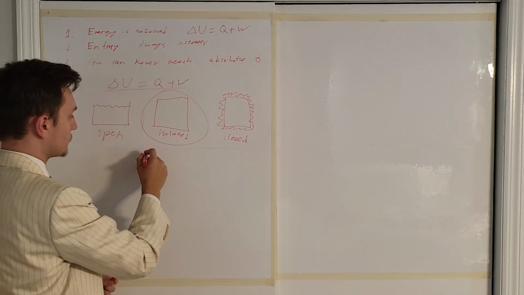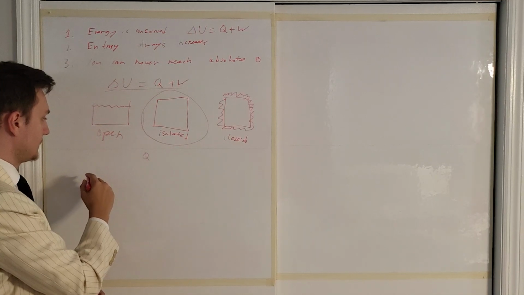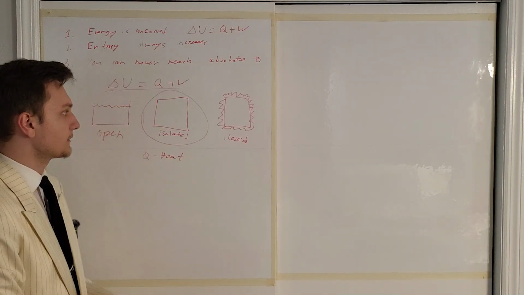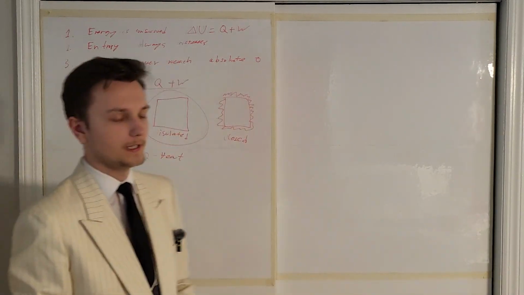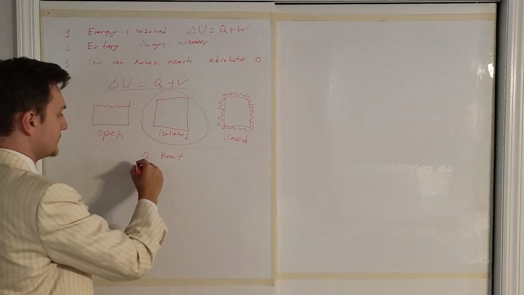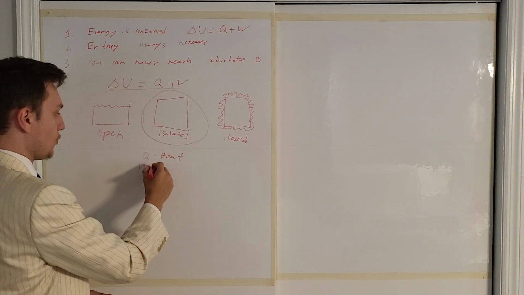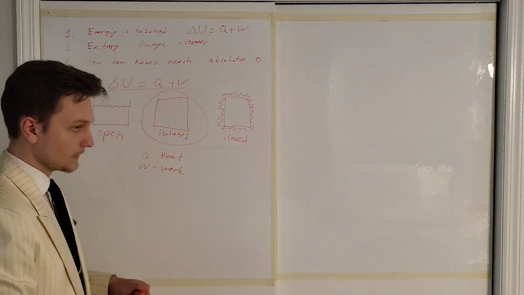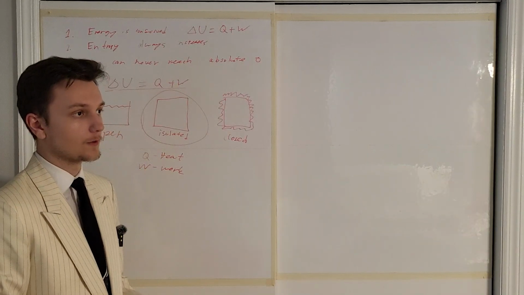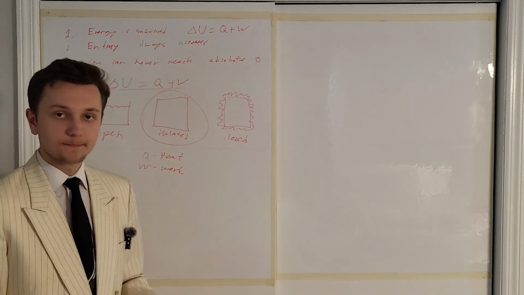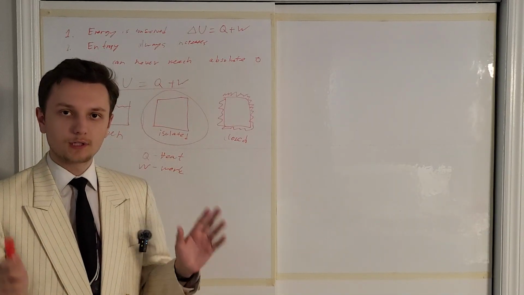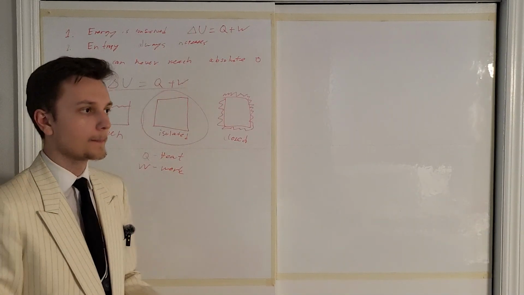So let's talk about what Q and W are. Q is heat, okay? You can transfer heat to your system, you can remove heat from your system. And W is work, okay? There are many different definitions for work. Work, as it is in this class, is energy that can be used to do something useful, okay?